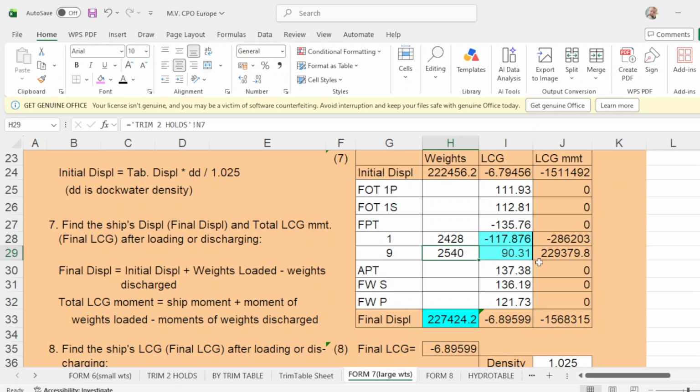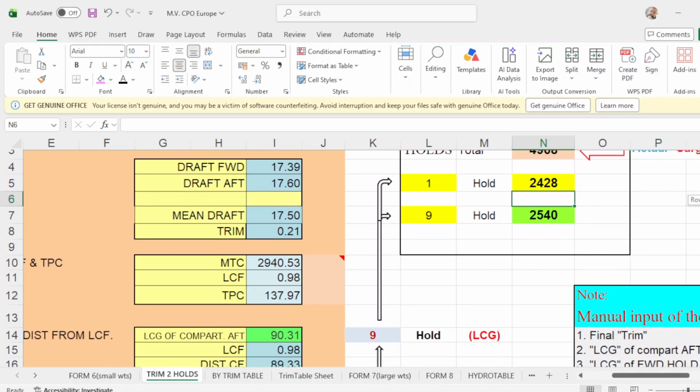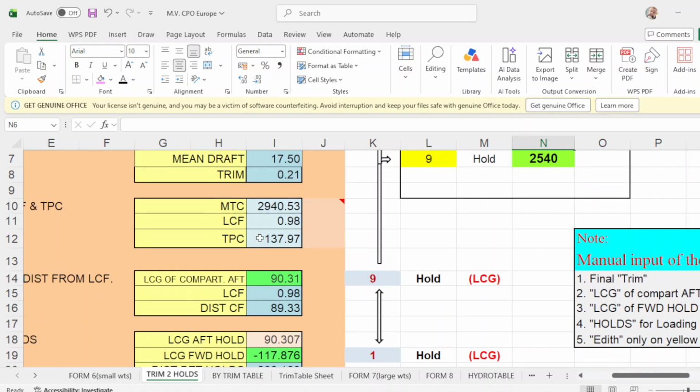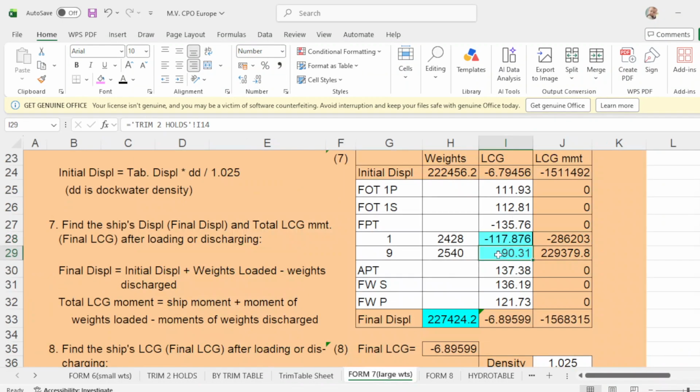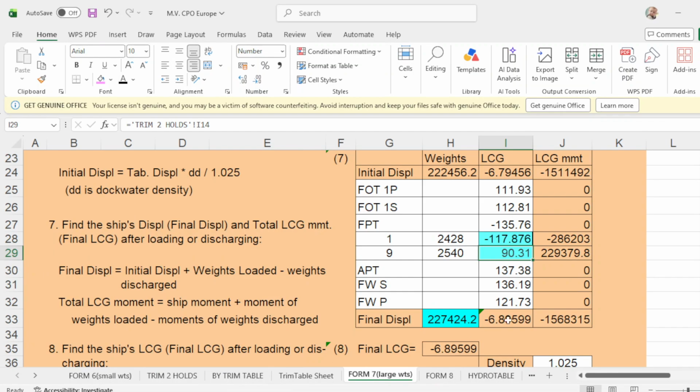And this one is I19. Where's 19? You go to 19. There you go, I19. This one is I14, so 14 I.